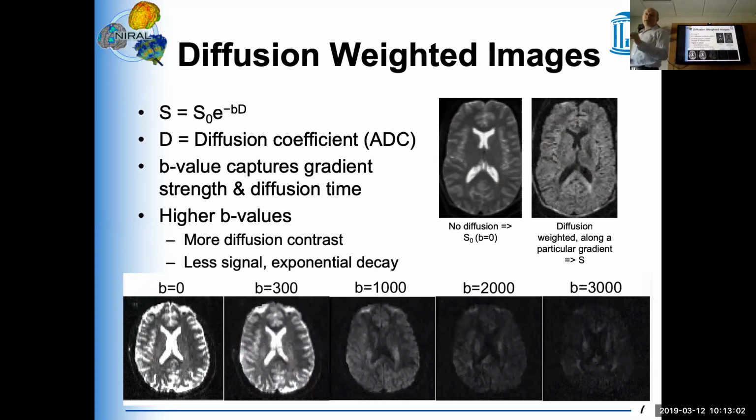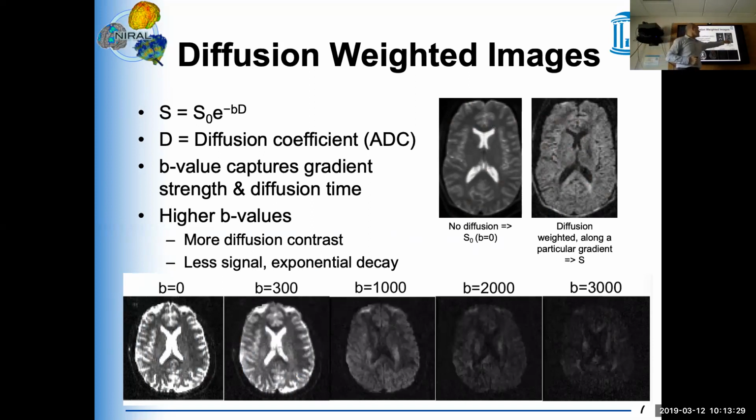The areas that experience lots of diffusion are going to be dark, and the areas that are not experiencing lots of diffusion are going to be bright. When I mention a gradient, it is applied along a certain direction, so this is diffusion along one spatial direction. Think of it like that.